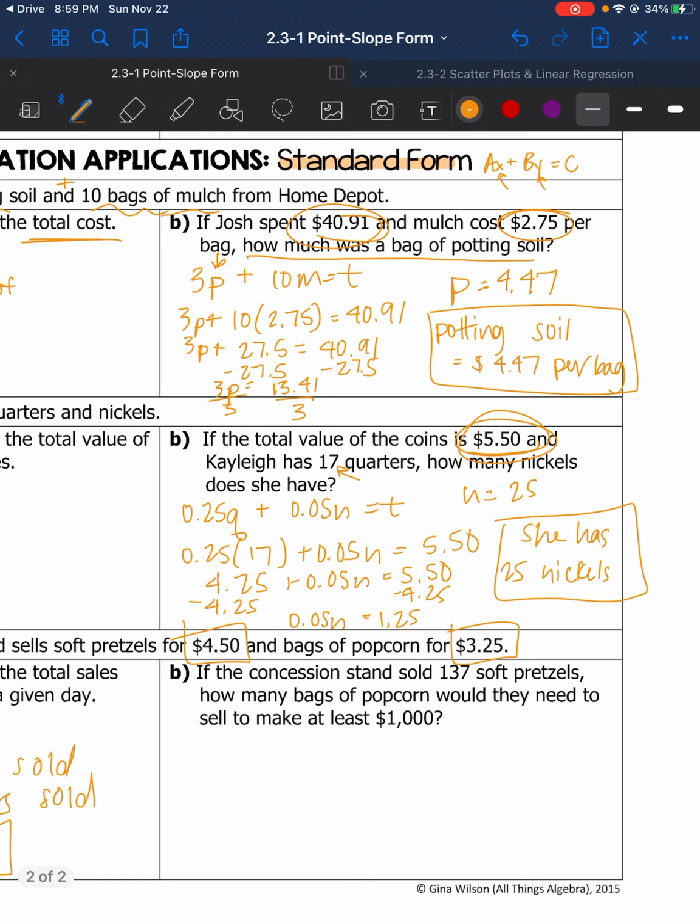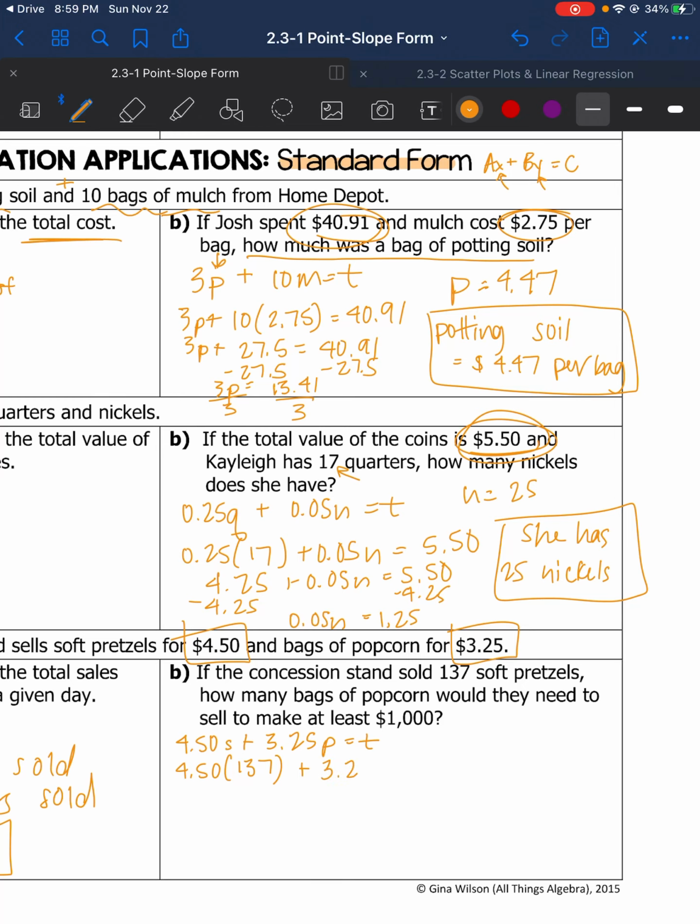So if the concession stand sold 137 soft pretzels, how many bags of popcorn would they need to sell to make at least 1,000? So we have again 4.50 S plus 3.25 P equal to T. Well, they sold 137 soft pretzels, so we can say 4.50 times 137. That will give them the sales from soft pretzels.